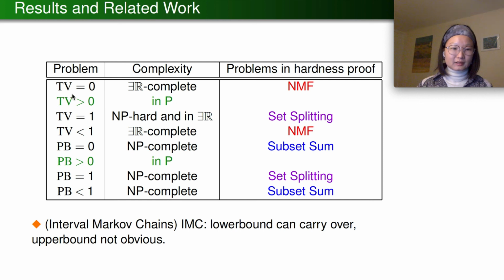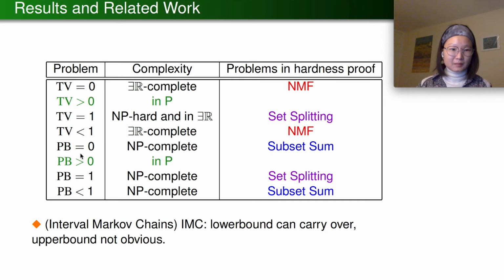We have proved that TV equal to 0 and TV less than 1 are existential theory of the reals complete. And the hardness proof is by reduction from the NMF problem, non-negative matrix factorization. TV equal to 1 and PB equal to 1 are proved to be NP-hard, and the reduction is from set splitting, which we presented earlier.